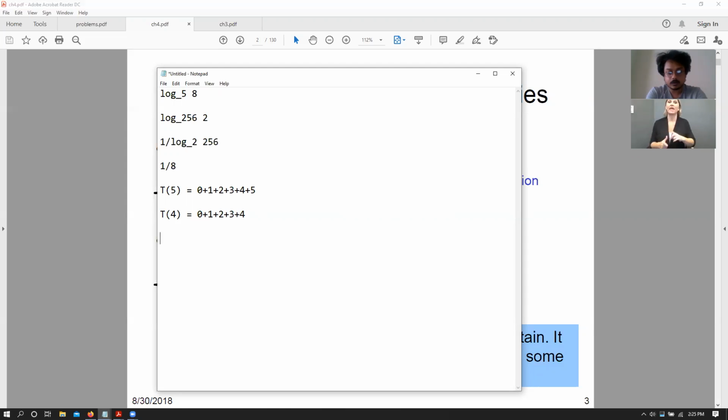Then in that scenario, I can reformulate T of 5 as T of 4, that gives me all the summations before 5, plus 5, right? So that I can then generalize this into a recurrence relation, that is T of n equals T of n minus 1 plus n, right?